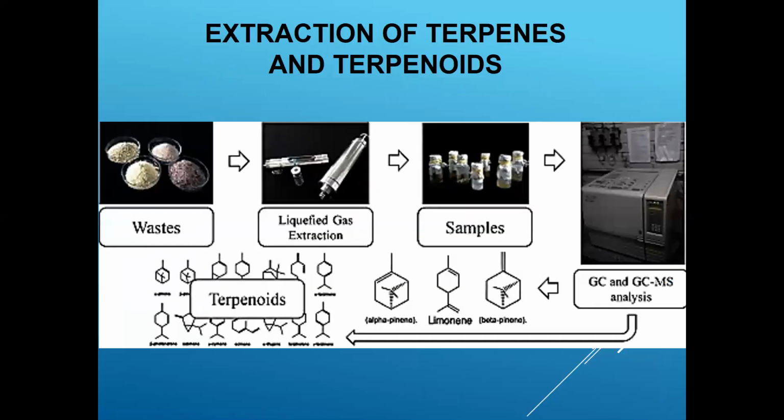You can see a scheme of extraction of terpenes and terpenoids from different samples by gas chromatography or gas chromatography in combination with other instrumental methods.